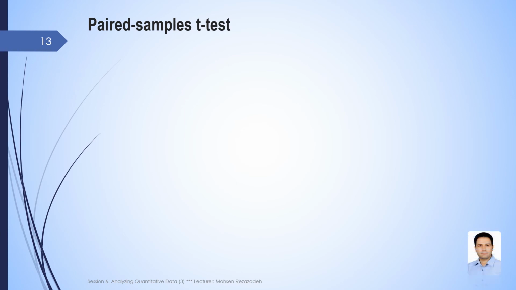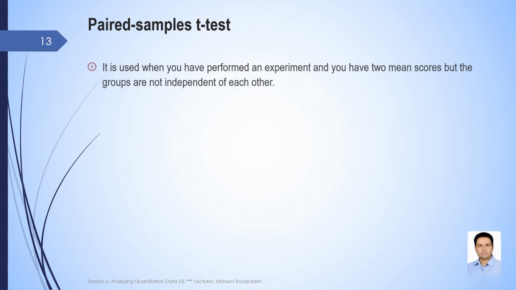The second type of t-test is called paired samples t-test. If you remember, we said that paired samples t-test is used when you have performed an experiment and you have two mean scores, but the groups are not independent of each other.